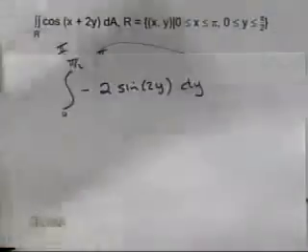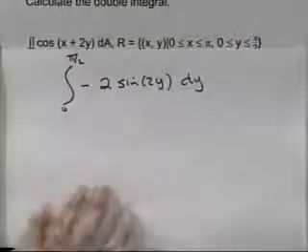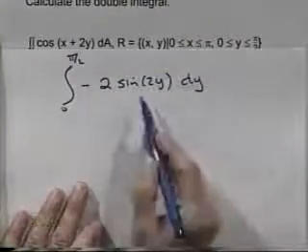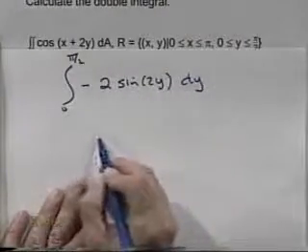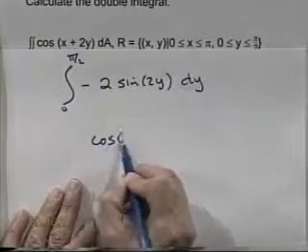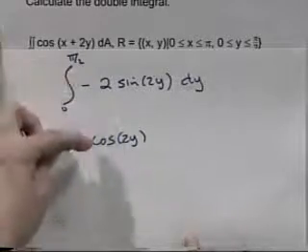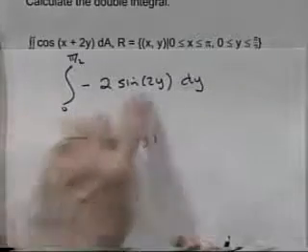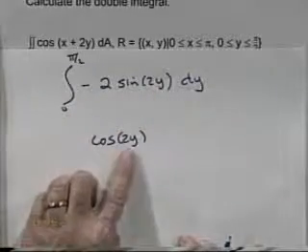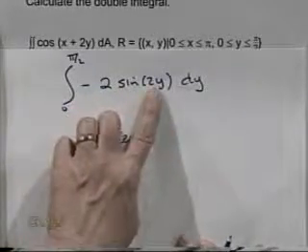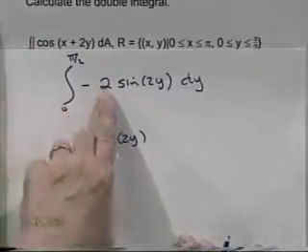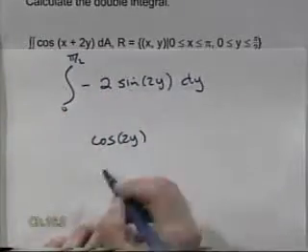And that one's not too painful. Can anybody integrate that for me? You can do your u substitution, but I'm thinking if I take cosine of 2y, remember when you integrate, if you differentiate this, you better get what's inside. Well, the derivative of cosine 2y is minus sine 2y times the derivative of what's inside, which is 2. Okay, so that's the integral of that.